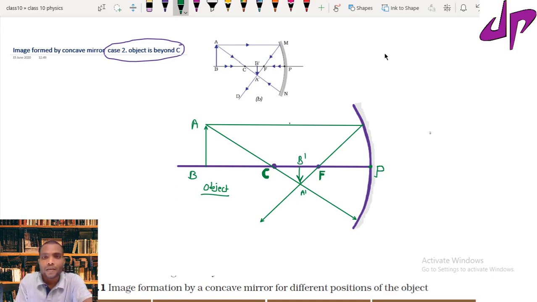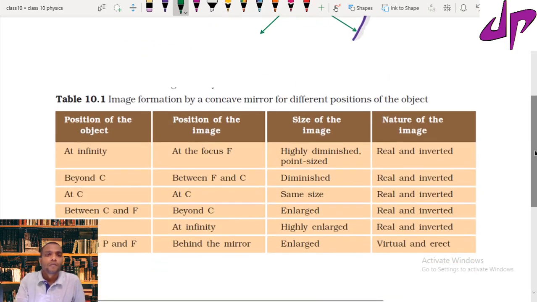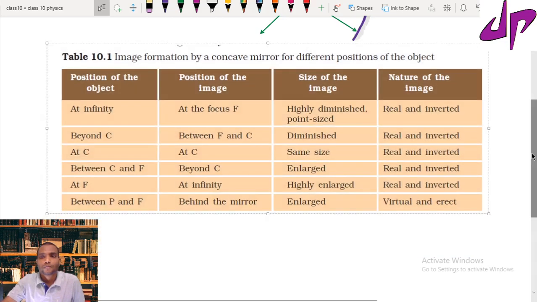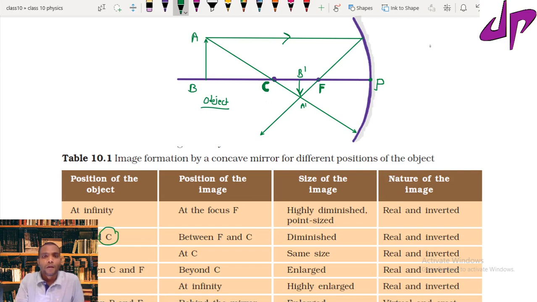Now if an object is behind the center of curvature, we need to specify where the position is. If the object is beyond the center of curvature, this is the second case, the position of the image is between the center of curvature and the focus.